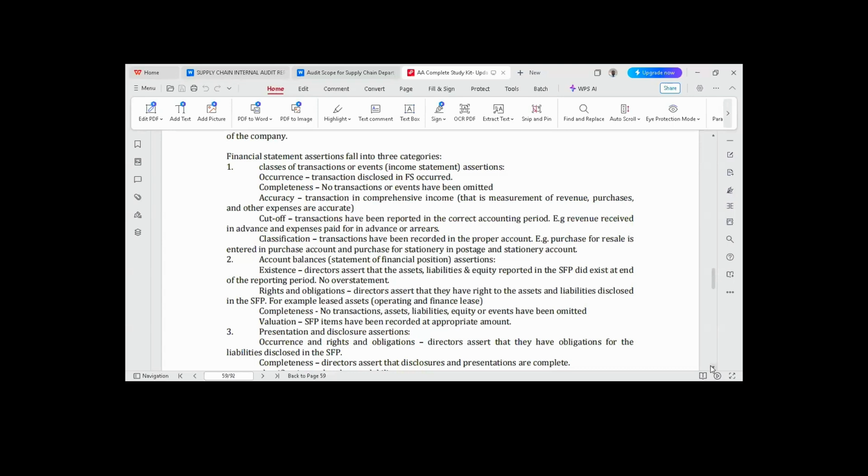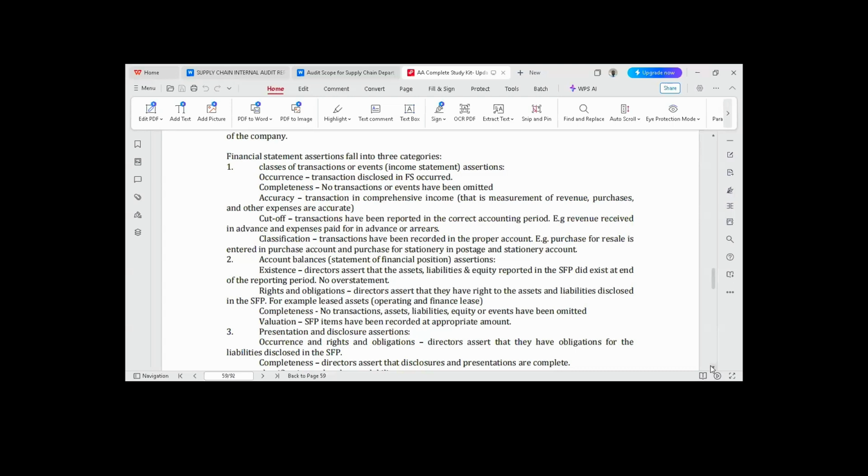It indicates that upon the purchase of that item, the item was delivered and received into the company's store. That means that the transaction is genuine. That is the occurrence test that the auditor will do. Is that clear?